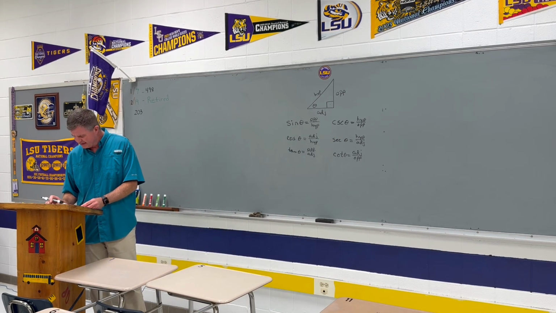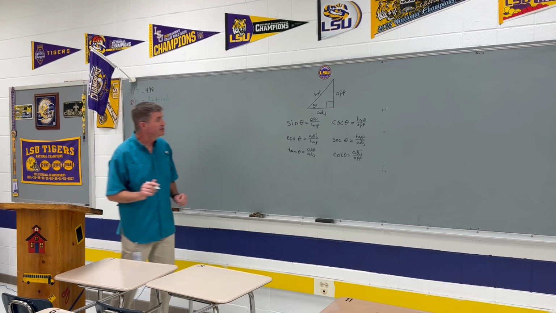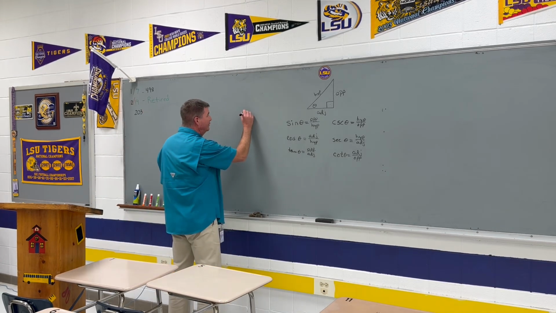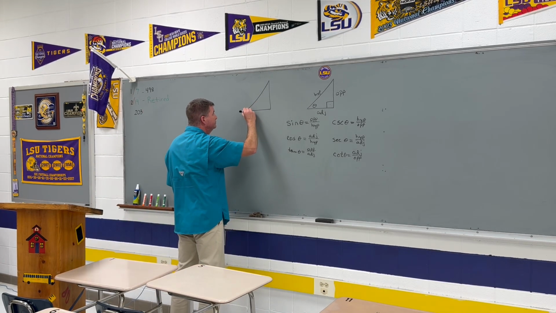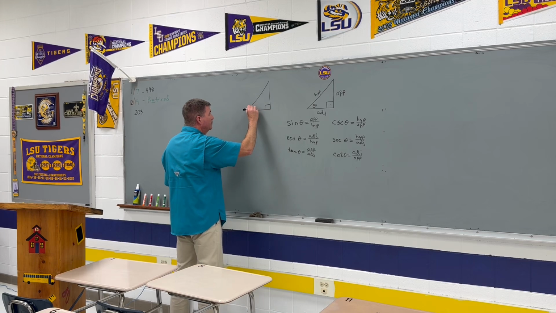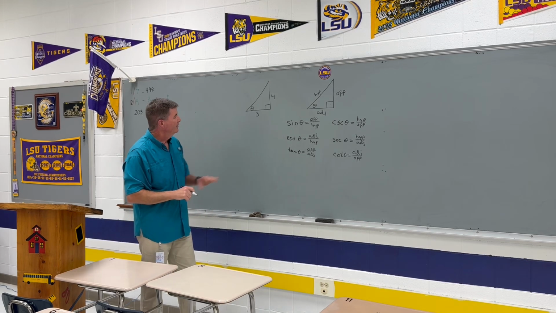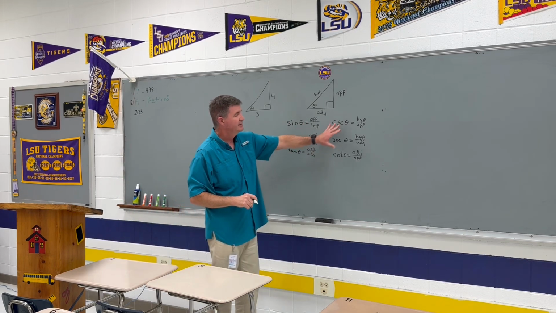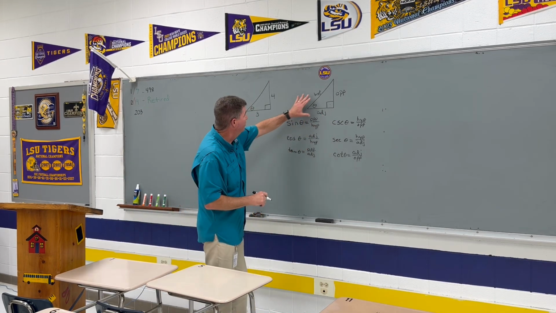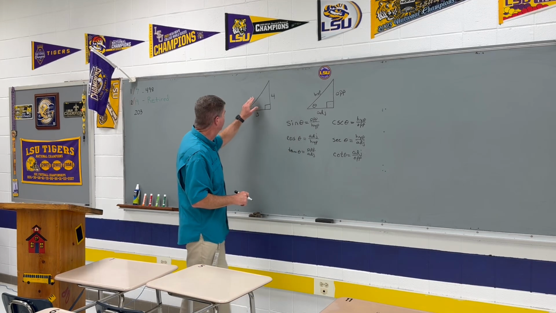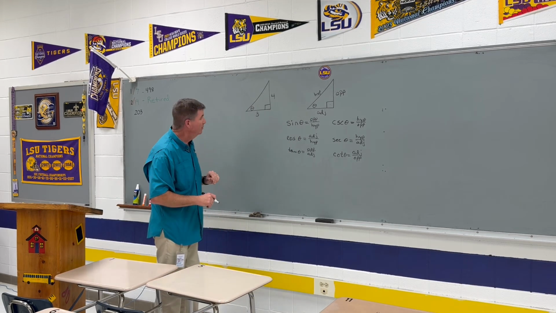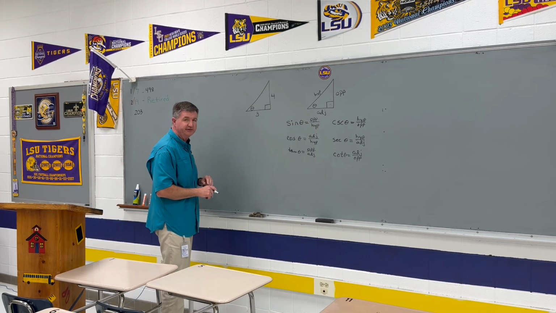Example number 1 says find the values of the 6 trig functions given that we have a right triangle with our theta, with one side being 3 and one side being 4. In order to achieve all 6 functions, we need all 3 sides, and we're only given 2. So we must find a way to find a third side.